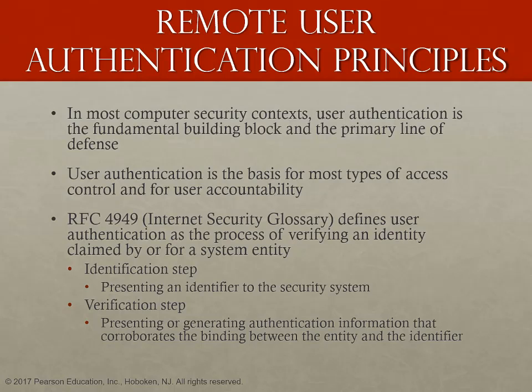Identifiers should be assigned carefully because authenticated identities are the basis for other security services, such as access control service. 2. Verification step: presenting or generating authentication information that corroborates the binding between the entity and the identifier.